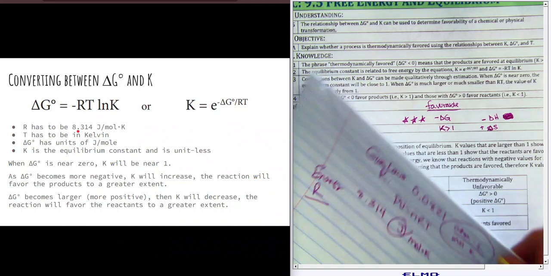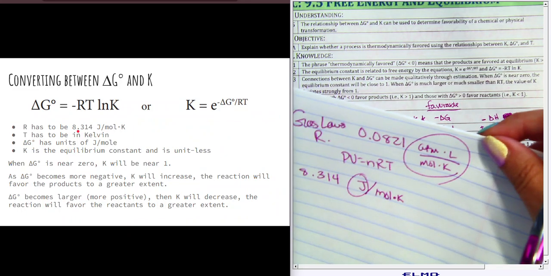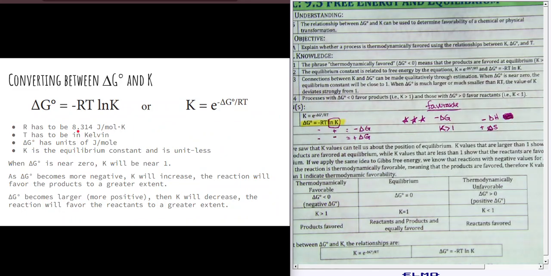And so make sure you're using the right units, and then also keep up with your conversions. That's going to be important. So 8.31 is your R. T's got to be in Kelvin, just like gas laws, so keep that consistent. Add 273 to your Celsius. The delta G, when you do this calculation, is going to end up giving you joules per mole, and it is okay if you leave it in joules per mole unless they tell you to give the answer the appropriate way, which would be kilojoules per mole.